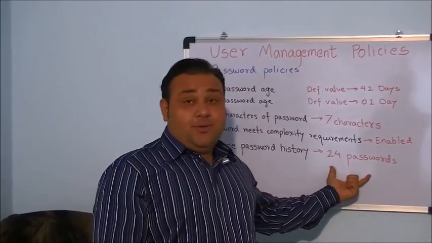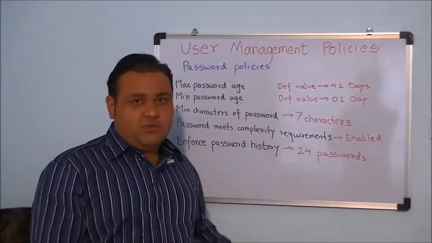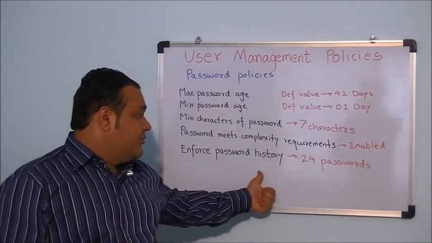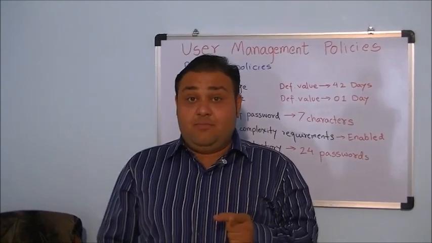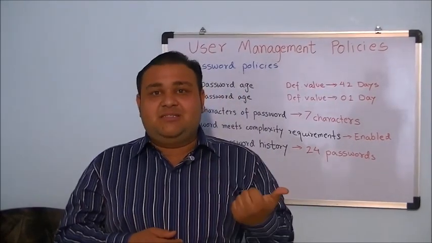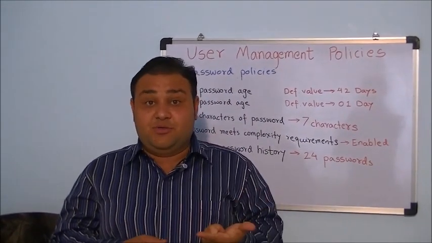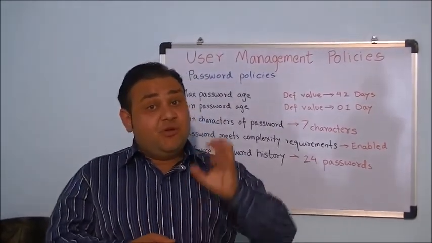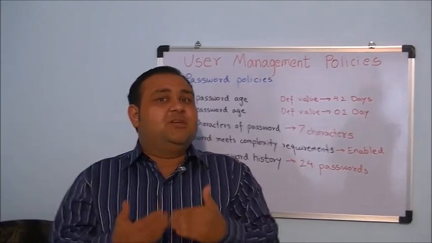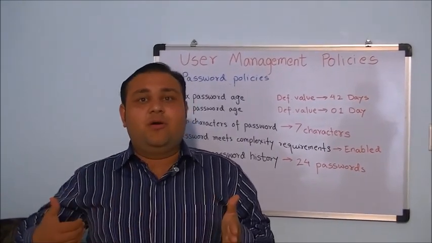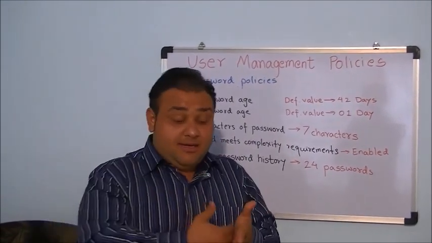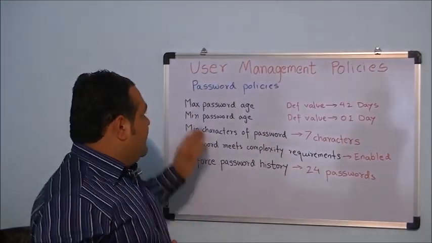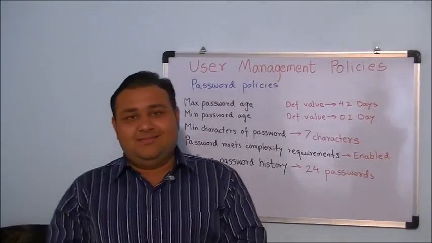The default value is 24 passwords. So if there are 24 passwords in enforce password history, then the server will remember the last 24 passwords used by a user, and the server will not allow any of those passwords to be used again until 24 new passwords have come into the picture. So that is about password policies.